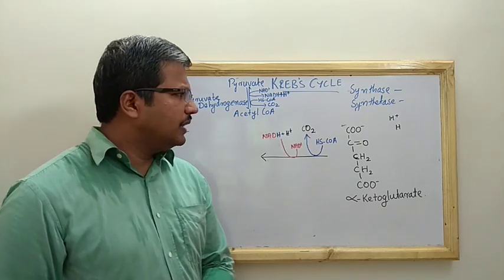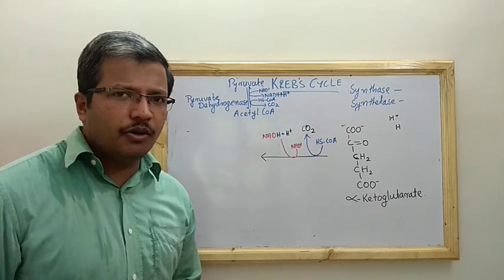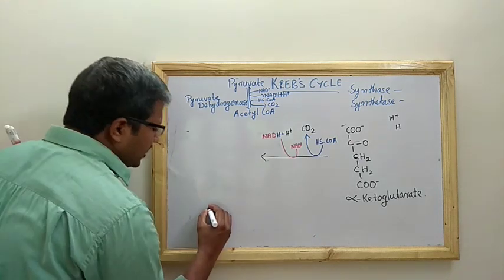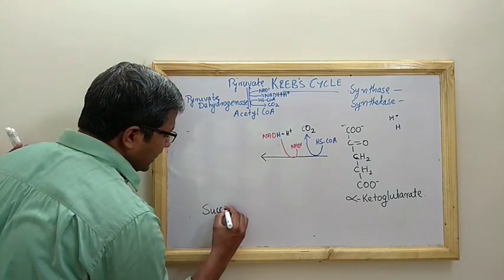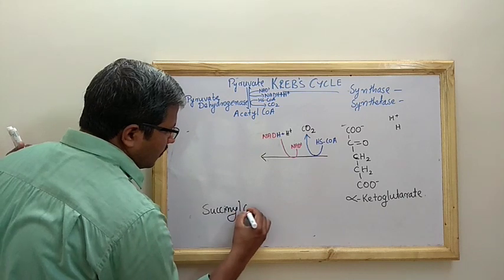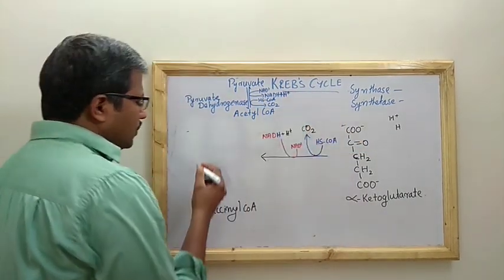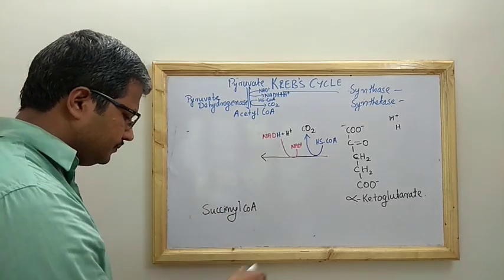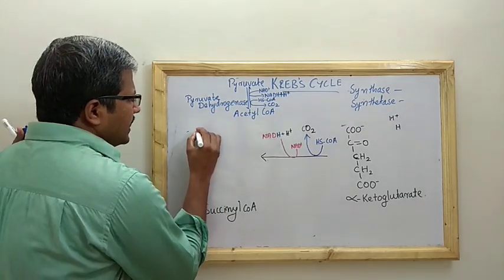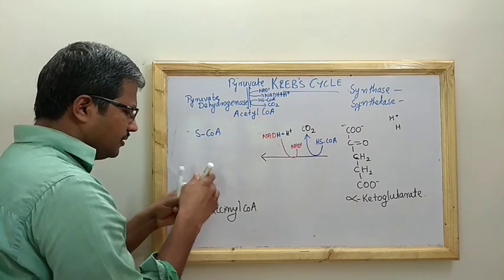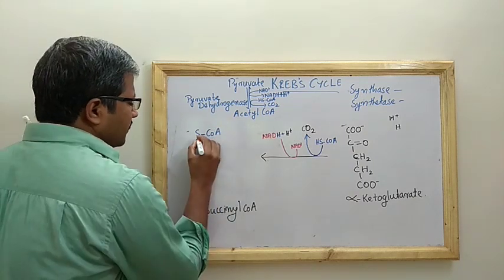Clear? Now as a result this will be forming succinyl coenzyme A. So the resulting molecule is succinyl CoA. Instead of this CO2, S-CoA will be there, so S coenzyme A. Now what is remaining there?